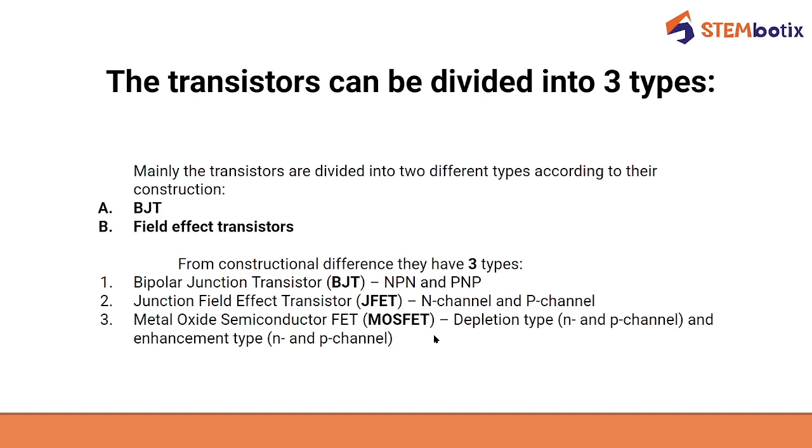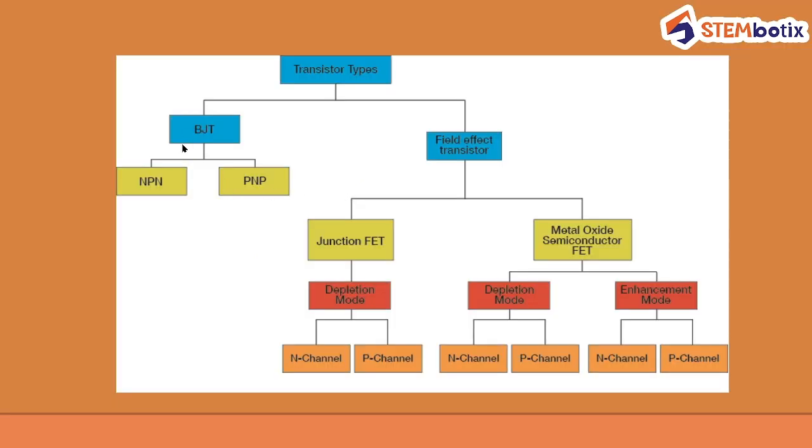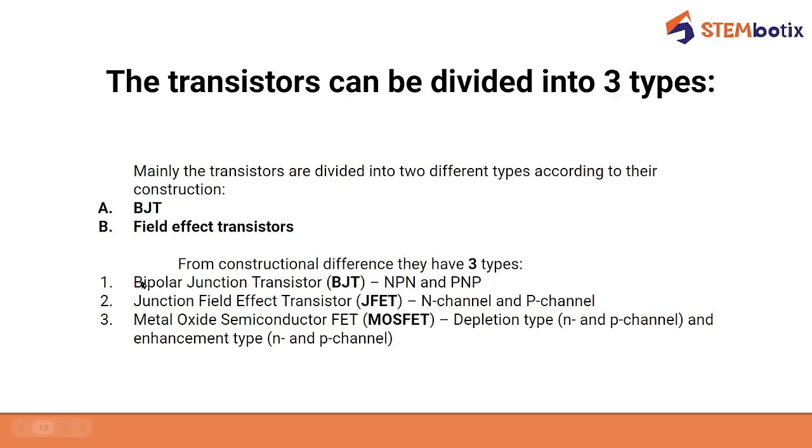So, mainly the transistors are divided into two different types according to their construction, which are BJT and FETs. But from a constructional difference, you can divide them into three different categories, which are BJT, JFET, and metal oxide semiconductor field effect transistors. First are BJTs. They are further classified into NPN and PNP.